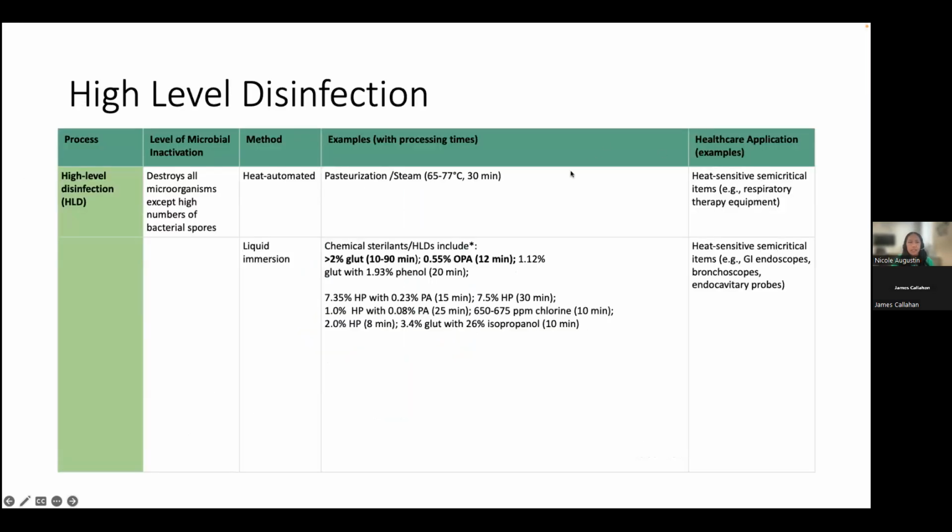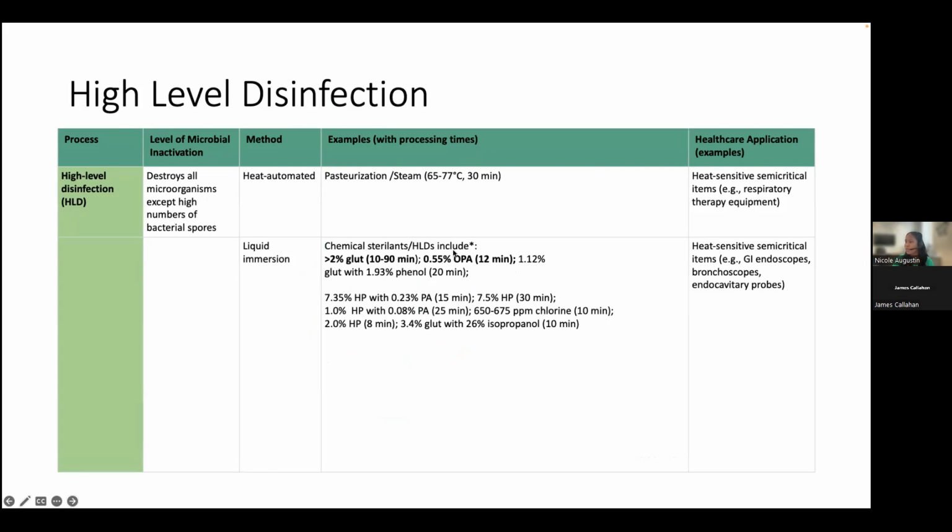Next, this is a great table from text chapter 31 that divides the types of disinfectants. Here, again, high-level disinfectants destroy all microorganisms except you're still left with a high number of spores. It could be heat automated, which is pasteurization, as we saw earlier, or it could be immersed in liquids.